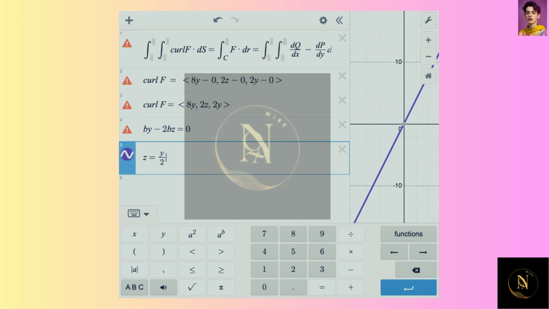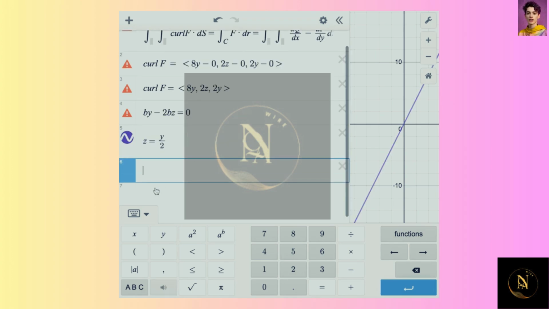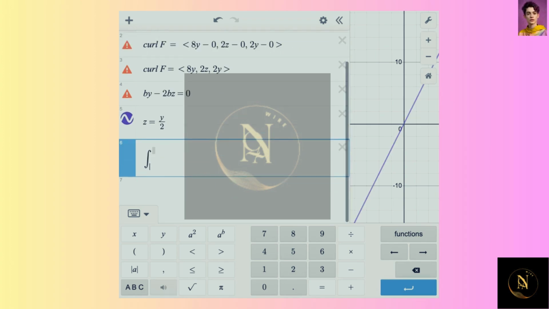Now that we have that, we can go back to our formula. What we're going to have now is the double integral of negative 8y times 0, and this 0 is coming from the partial derivative of g with respect to x, where g in this case is z equals y over 2.